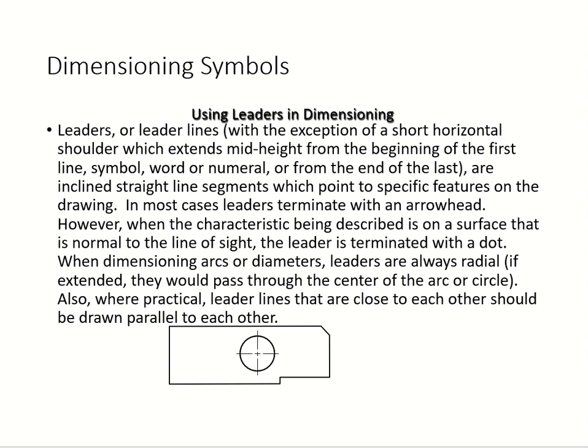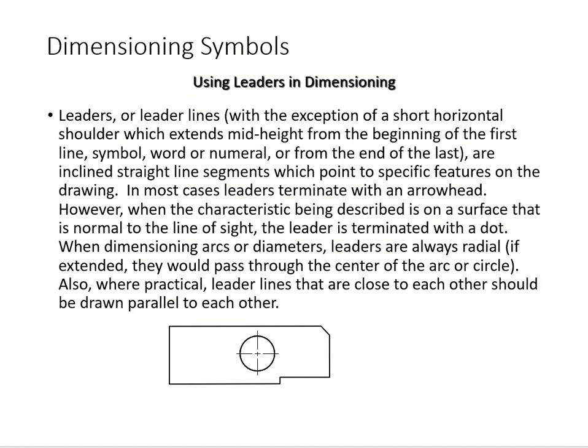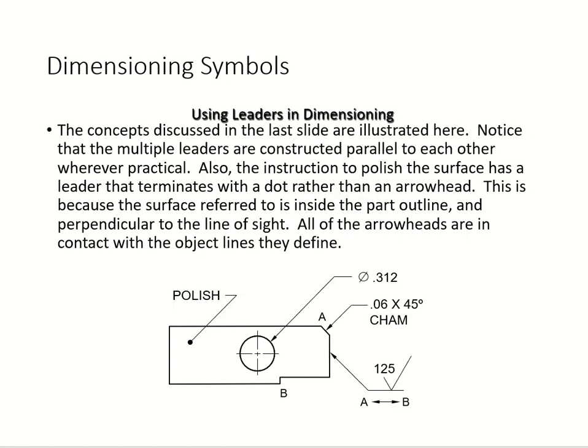Okay, dimensioning symbols, we'll get into it. This time we're going to learn how to use the leaders. Let's see how we do that. Here are your leaders. Look, different types of leaders. This type, that type, this type, and then that.